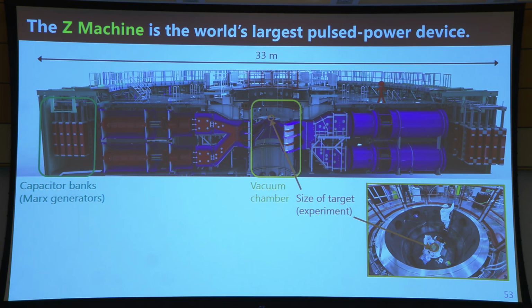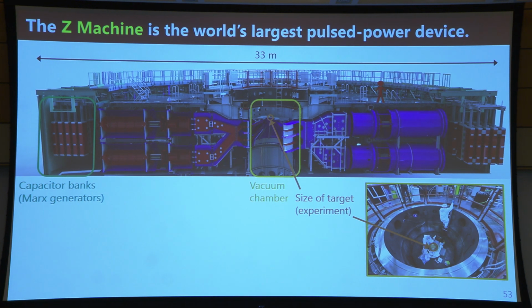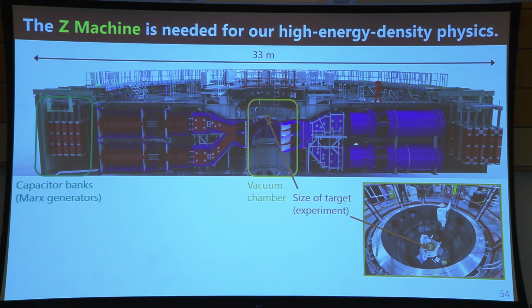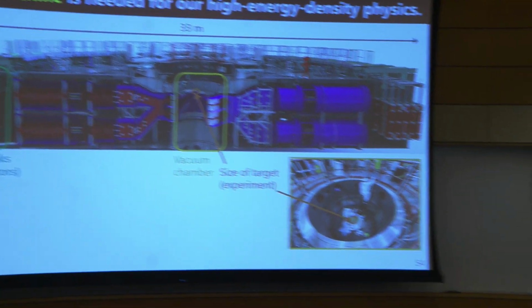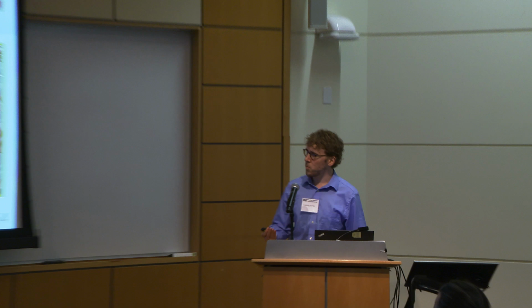So we need this absolutely massive machine to deliver 20 million amps of electricity to a volume that's maybe 100 cubic centimeters. We need the Z machine in order to reach high energy density physics regimes. Again, to give you senses of scale, at the outer diameter of the machine, the power per volume density is about 200 watts per cubic meter, just as an order of magnitude.